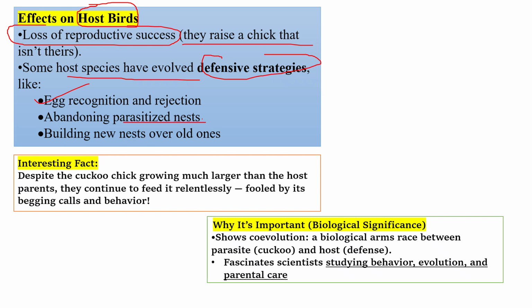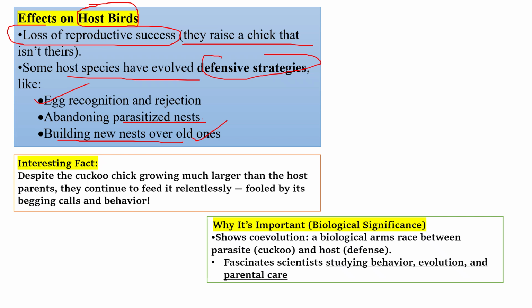So they avoid such a nest in which they find the other type of egg, building a new nest over the old ones. They generally construct the new nest over the old one, so they don't prefer the nest in which the cuckoo has laid her egg, if they recognize.